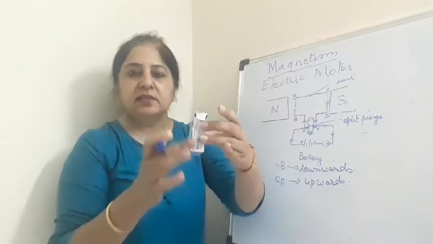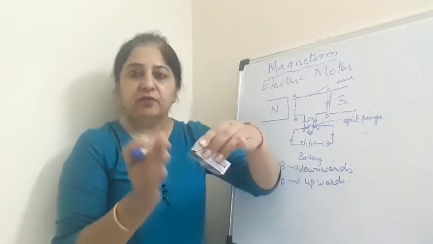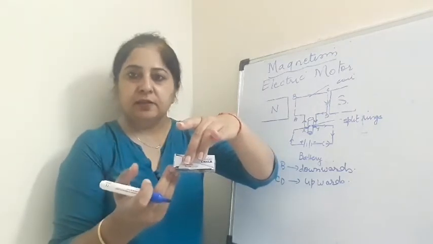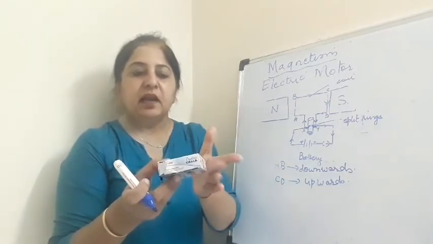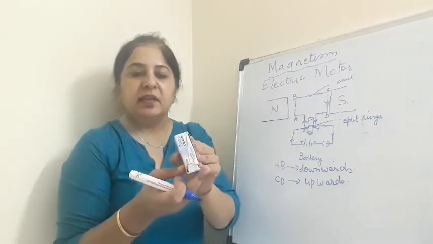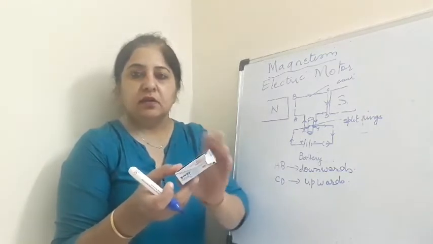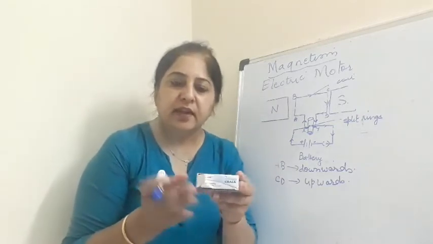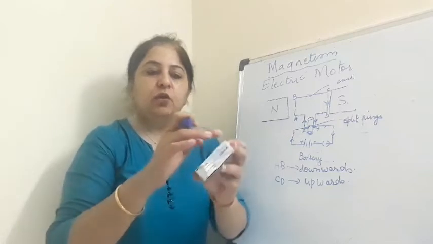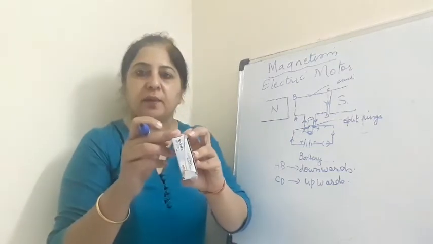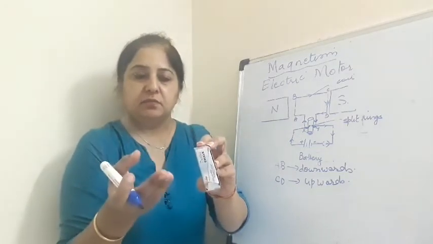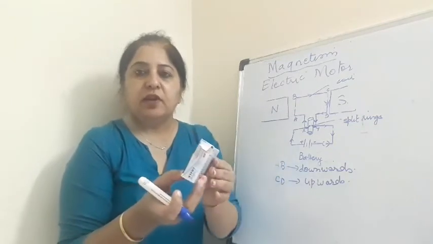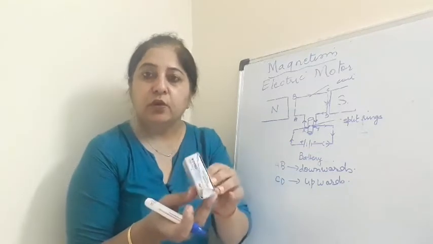Then in the second half, the CD part comes this side and the AB part this side, and now AB goes up and CD comes down. So this rotation keeps on taking place, and definitely this coil keeps on rotating.